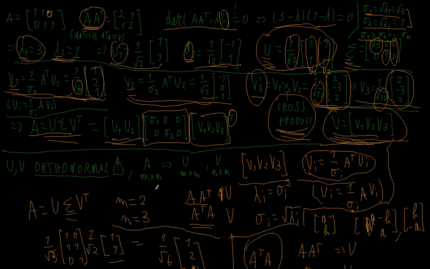And if A is an m by n matrix, m being the number of rows and n the number of columns, U will be an m by m matrix, and V will be an n by n matrix. Those are in fact square matrices, U and V. Square matrices have the same number of rows as columns, right? That's what I mean.